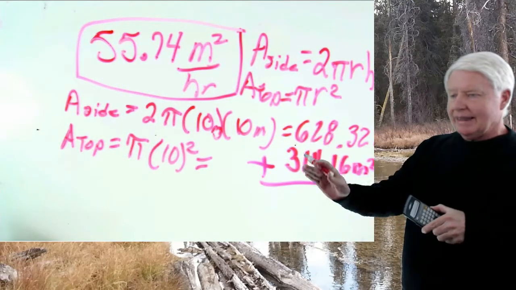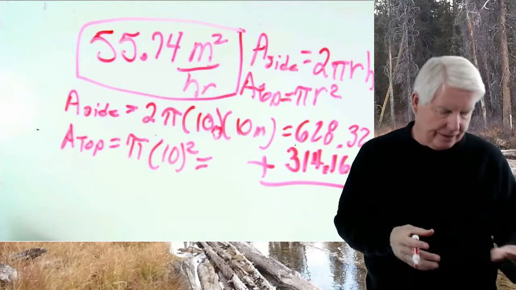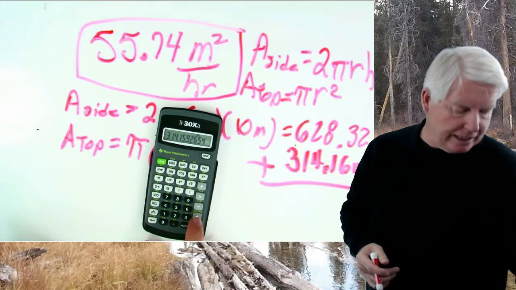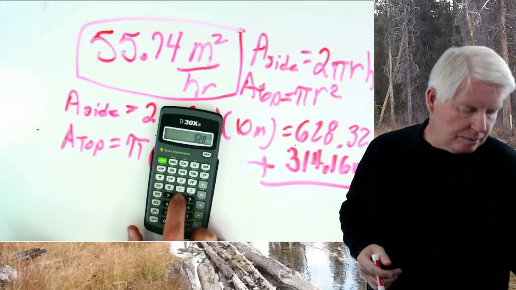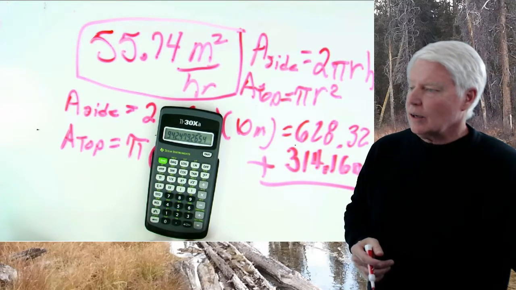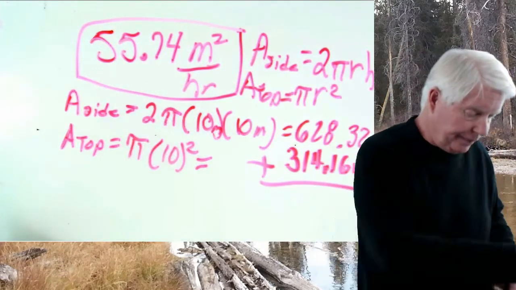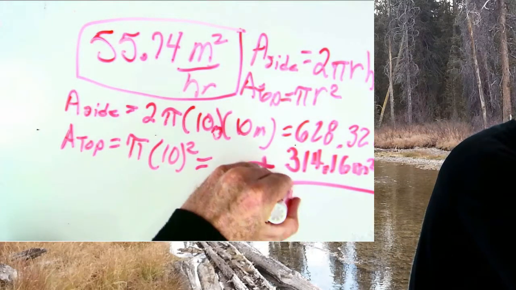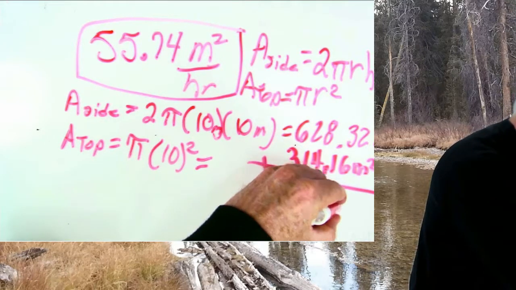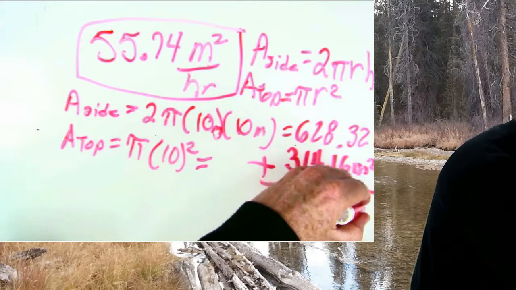So now I just need to add these two together, and that will give me my total area. I left that in my calculator. I'm just going to go plus 628.32 equals, and the total area is going to be 942.47, it's actually 0.48 meters squared.